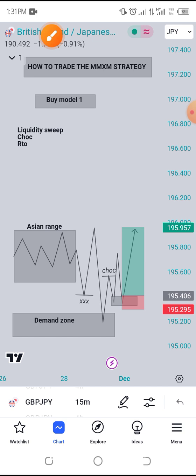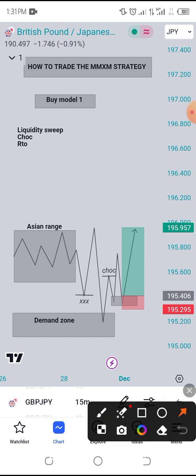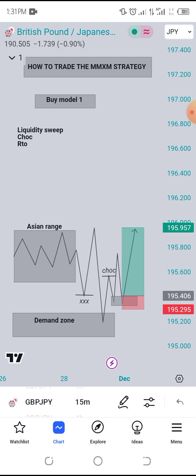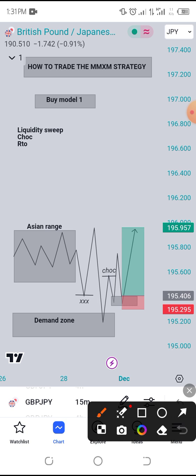Once I see a valid change of character right here, I wait for a return to order block. This is our change of character right here.